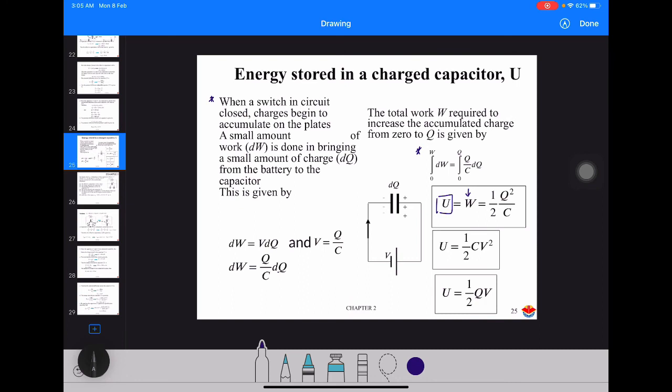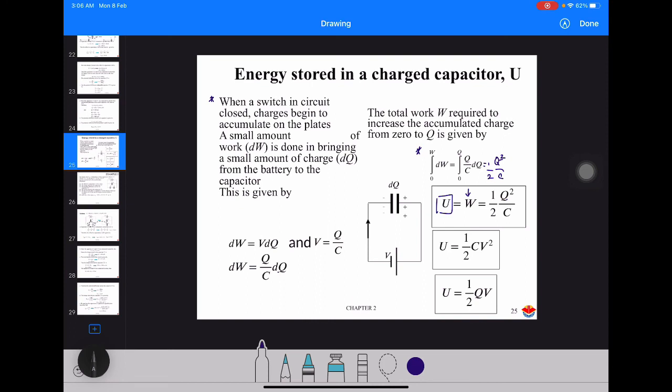For this one, if I want to integrate, it will be Q. This one is to the power of 1, so you have to add 1, because Q to the power of 2. Then you bring the one that you added to the front, below here. So you have 1 over 2 Q squared over C. If I want to rearrange, I can substitute back Q equals CV, so I have C squared V squared.